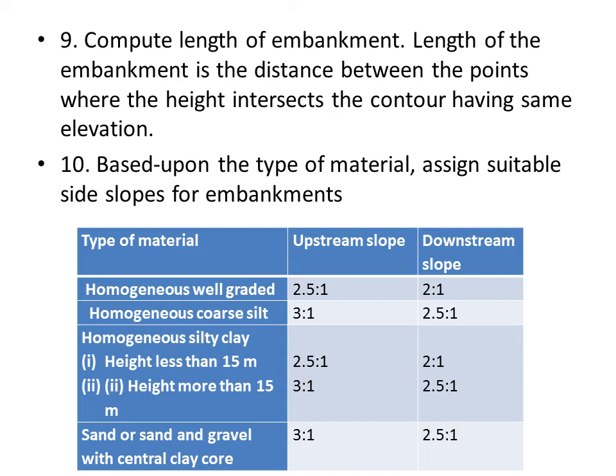Homogeneous coarse silt, it is 3 is to 1 and 2.5 is to 1 on downstream. Homogeneous silty clay, where the height is less than 15 meter, 2.5 is to 1, 2 is to 1, and height more than 15 meters, you have to adopt 3 is to 1 and 2.5 is to 1. Sand or sand and gravel with central clay core, we have to go for 3:1 and 2.5:1.